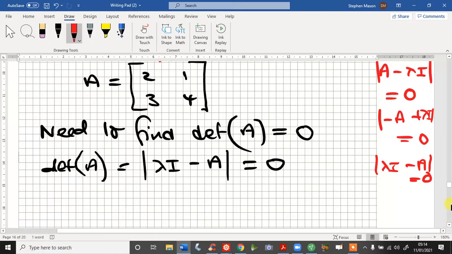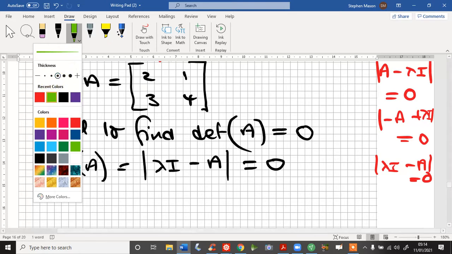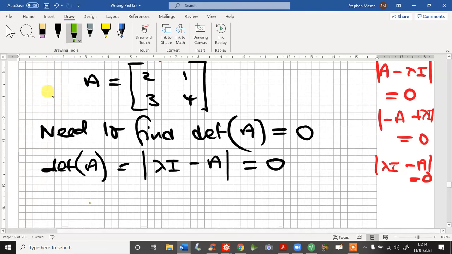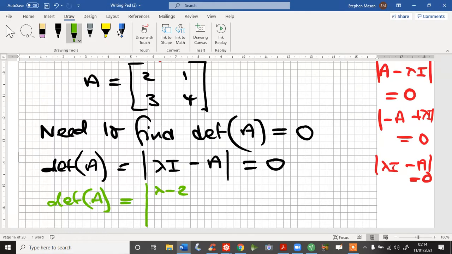And so A becomes, and I'm going to write this in green, the determinant becomes the following: lambda minus 2, minus 1 there, and minus 3 here, and lambda minus 4, and that's equal to 0.